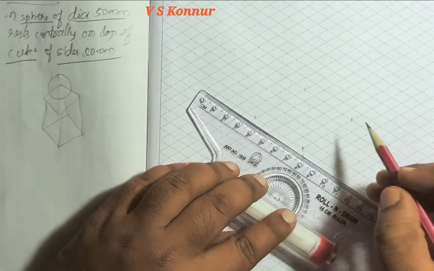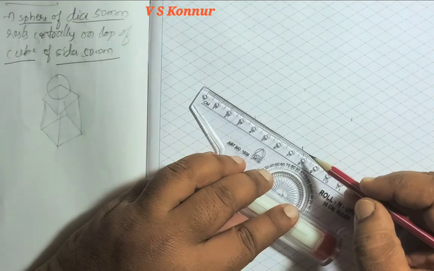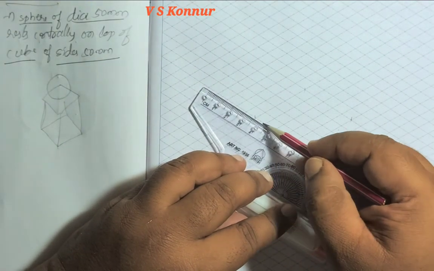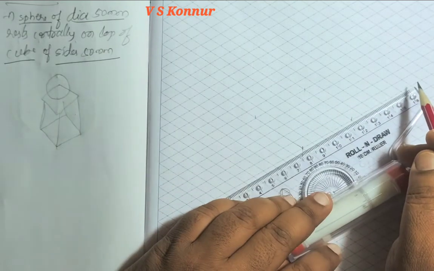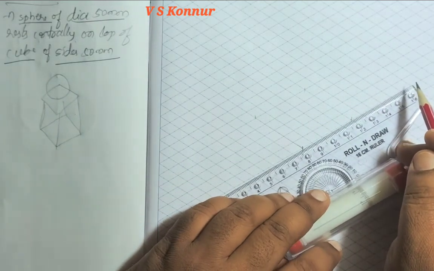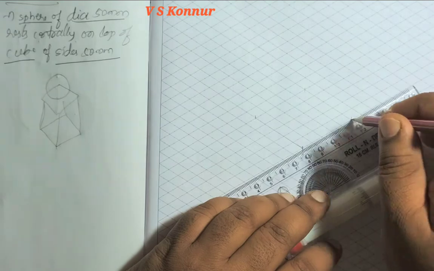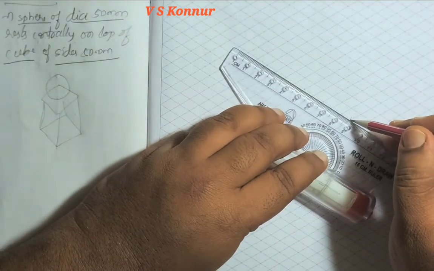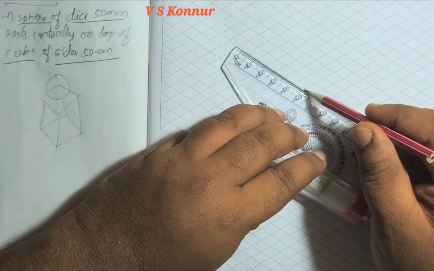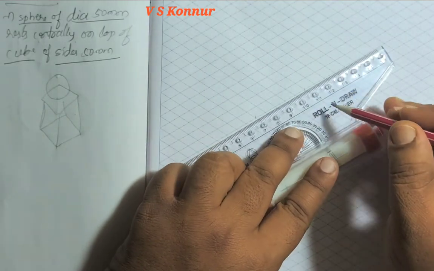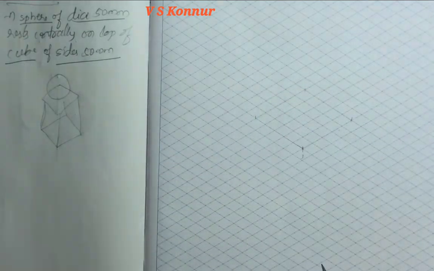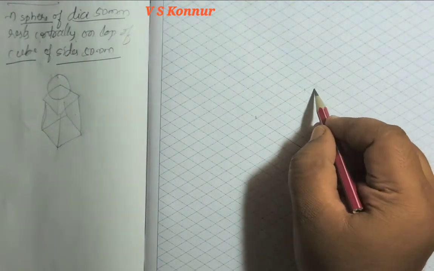Now we'll join these with a thin line. First, always draw with a thin line in the iso sheet, because after construction is over, the lines which are visible have to be made dark. So because of that, draw with a thin line. We'll call these 2, 3, 4.